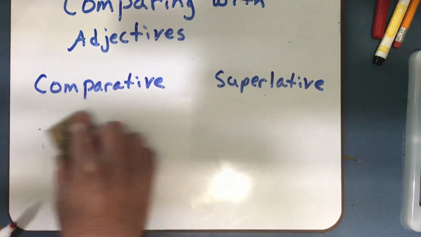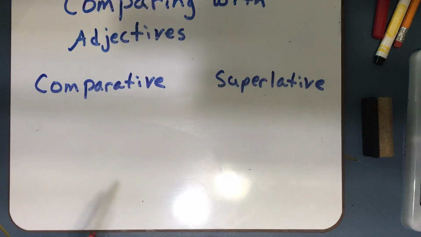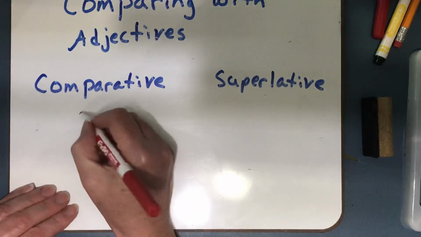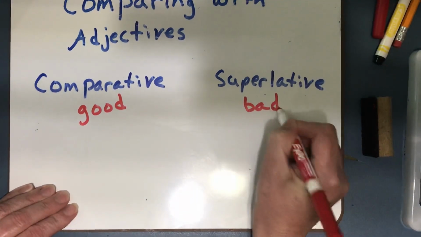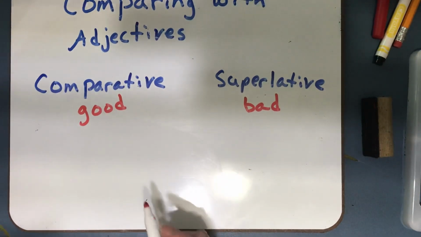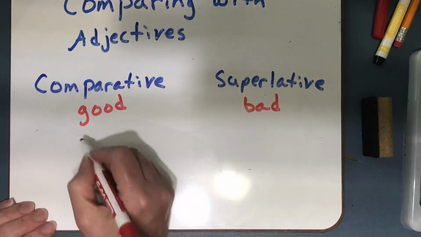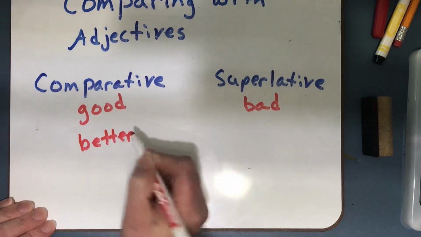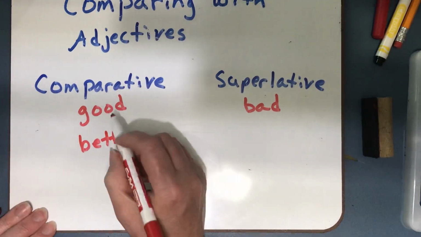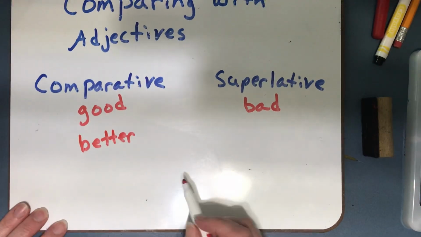Now we have two special words that we don't add ER or EST to. We change the word completely. Okay, and those words are good and bad. Okay, my forms of good and bad when I compare are good, better, and so that's my comparative form is better.